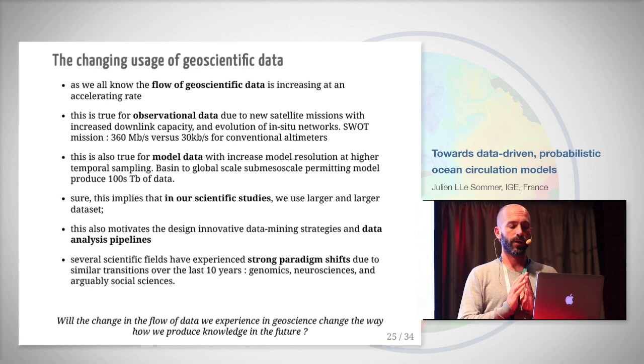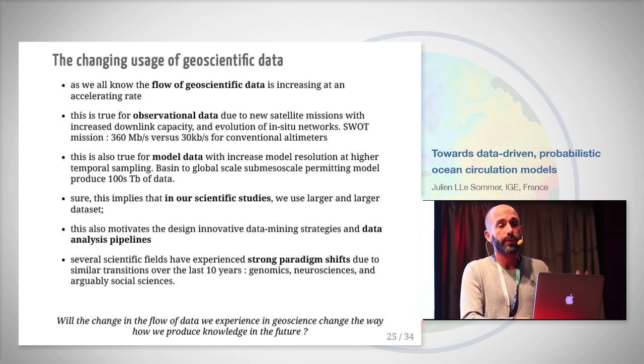Some scientific fields are just totally different. They have been revolutionized because of this. It sounds like a cliché, but go and discuss with people involved in genomics, in neuroscience, and probably also social science. Discuss with them, and you will understand how much of a transition they've been through just because of the availability of data.